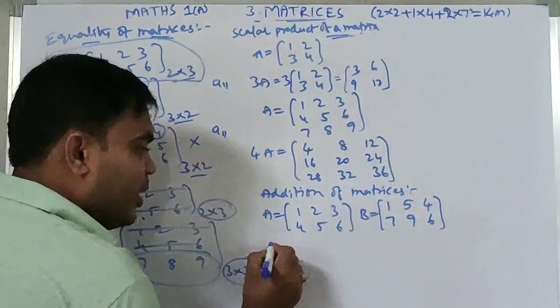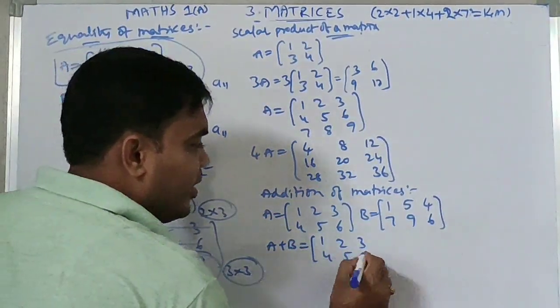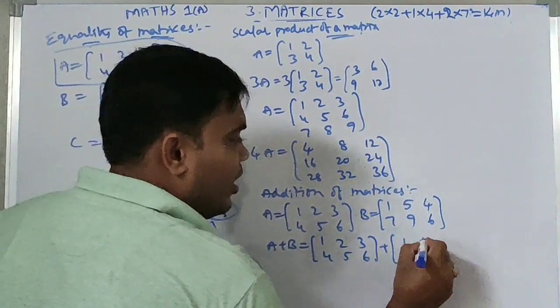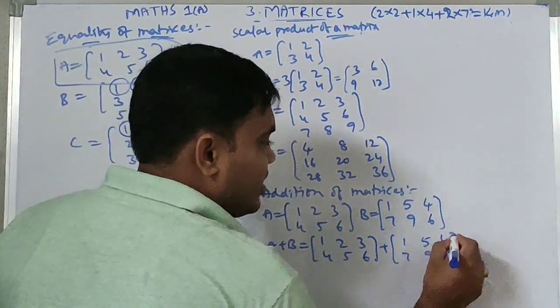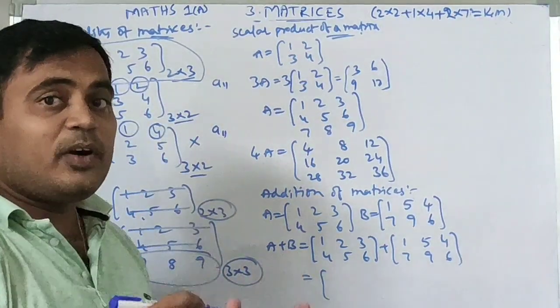So A plus B equals [1, 2, 3; 4, 5, 6] plus [1, 5, 4; 7, 9, 6]. We should add the corresponding elements.